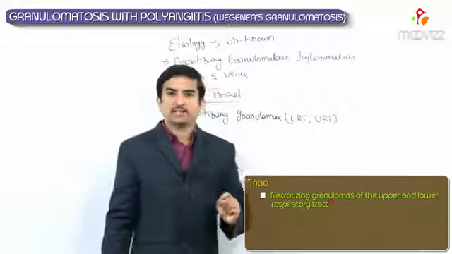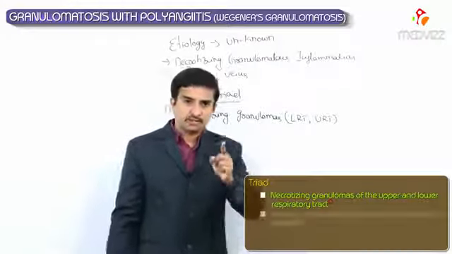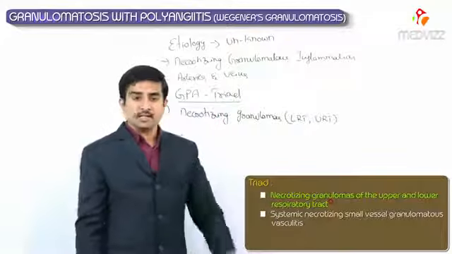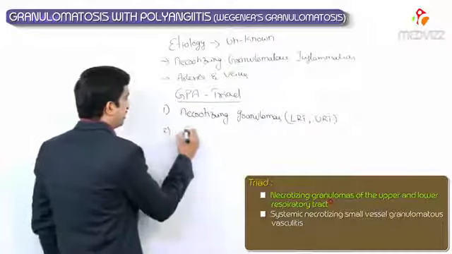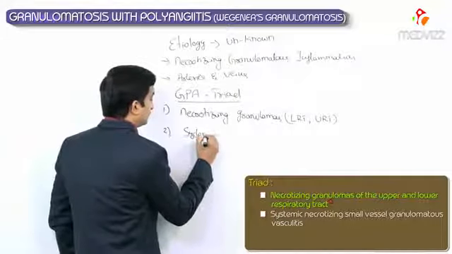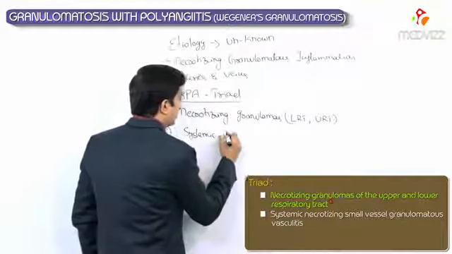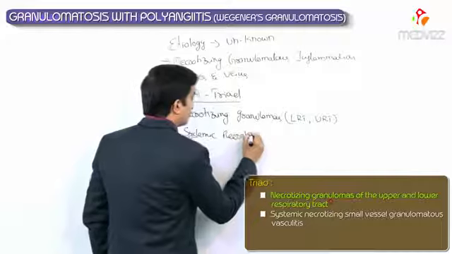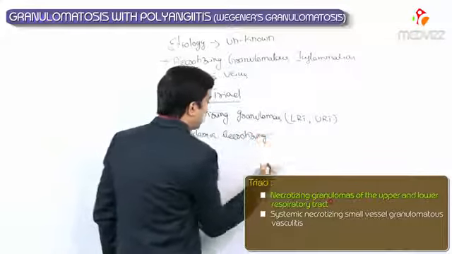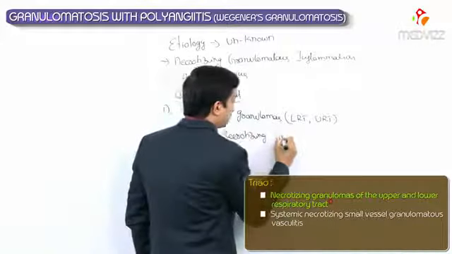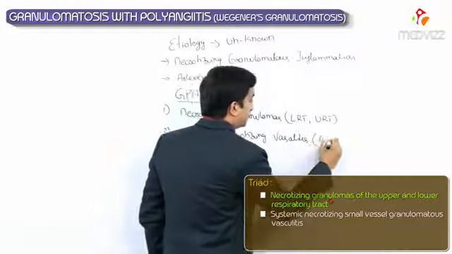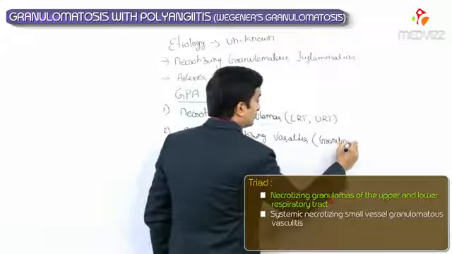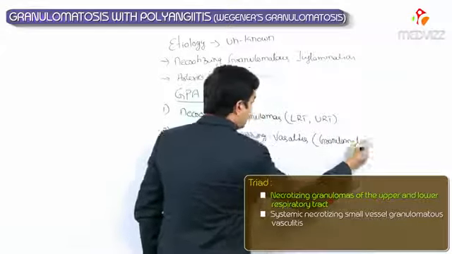The second one in the triad is systemic necrotizing small vessel granulomatous vasculitis. Second one will be systemic necrotizing vasculitis, that is granulomatous vasculitis.